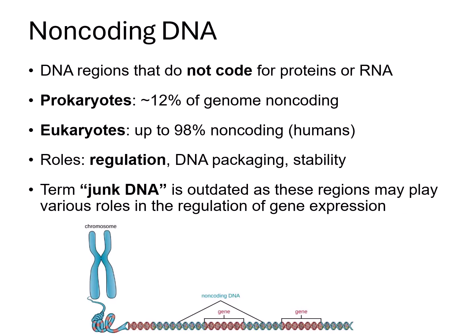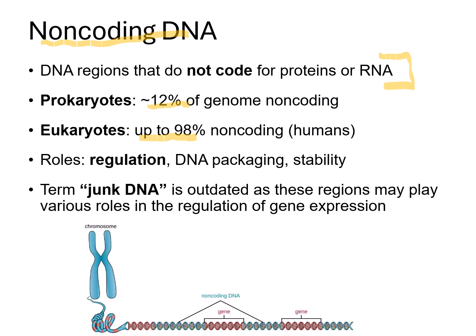We also have non-coding DNA. Non-coding DNA refers to regions of DNA that do not code for proteins or RNAs, right? That's kind of weird. In prokaryotes like bacteria, only about 12% of the genome is non-coding. But in eukaryotes such as humans, up to 98% of our genome can be non-coding. That's pretty crazy, right?